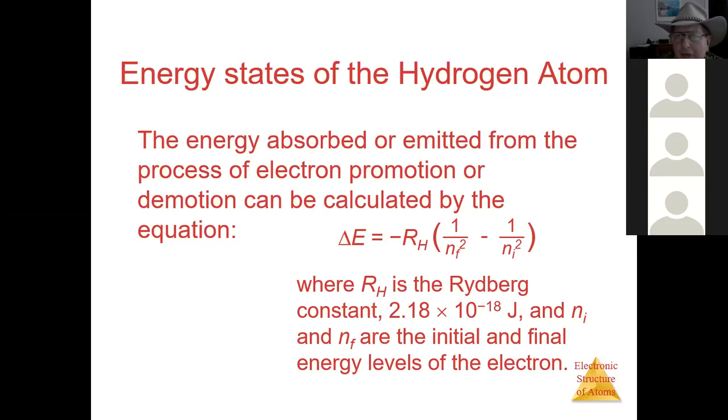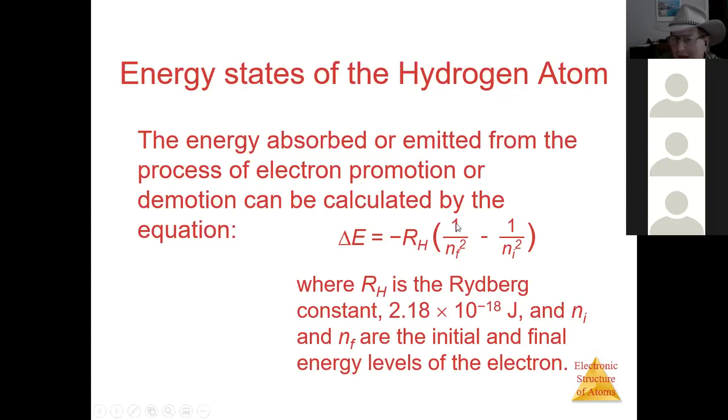Is that going to be positive or negative? 1 minus 0.111. Is that a positive number or a negative number? Positive. Okay. Let's say we go from the fourth down to the second.